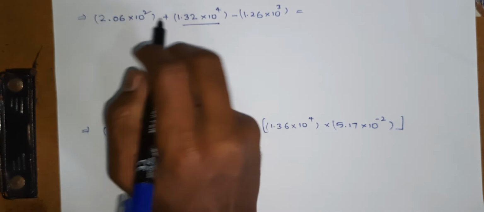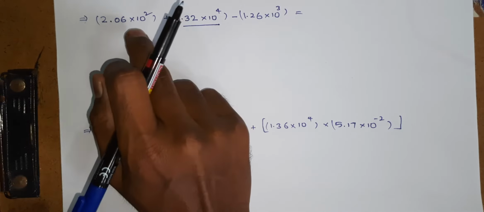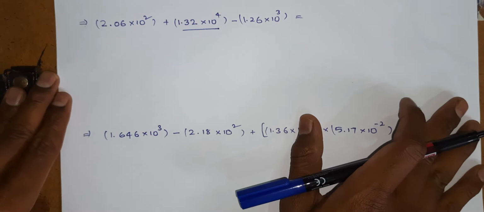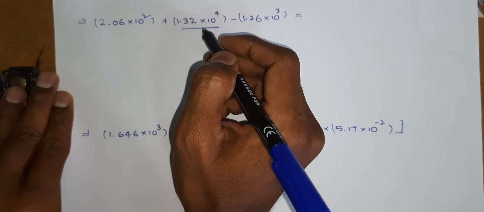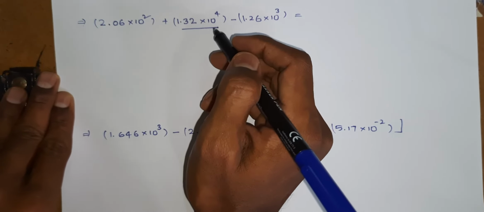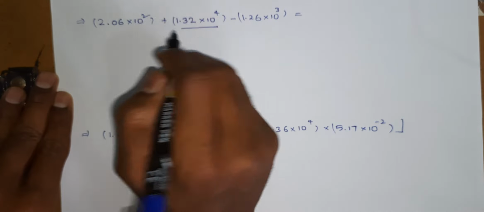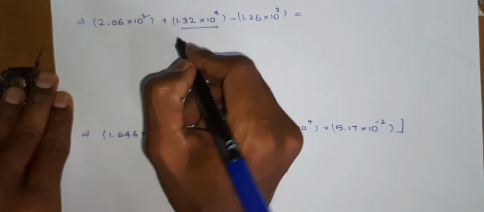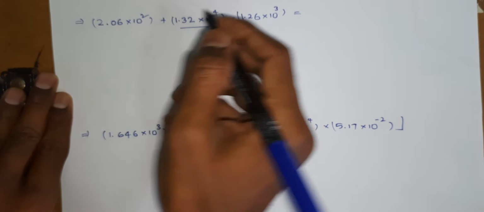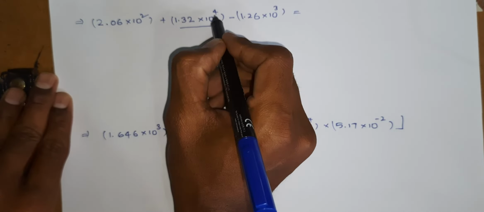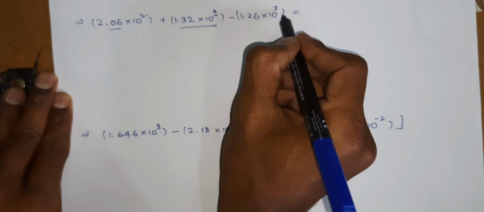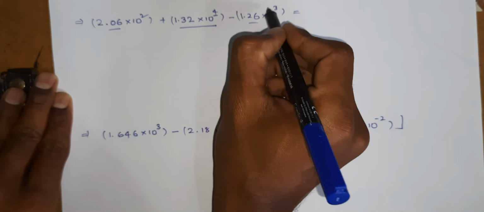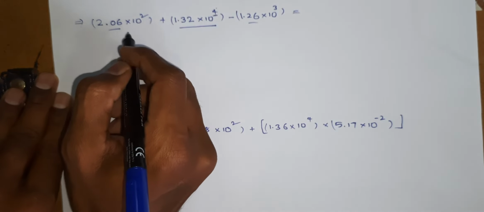Okay, so in this, with powers, first of all you have to identify the large quantity and then write the other quantities with the same power of 10 as appears in the large quantity. You have to convert this into this power.